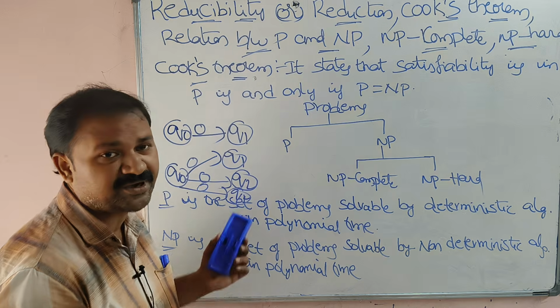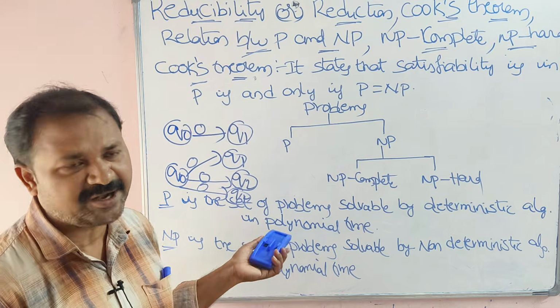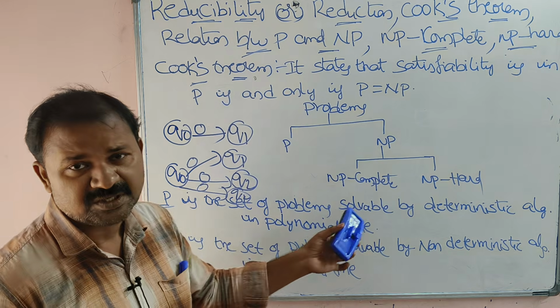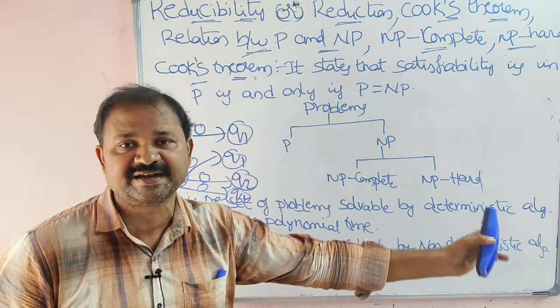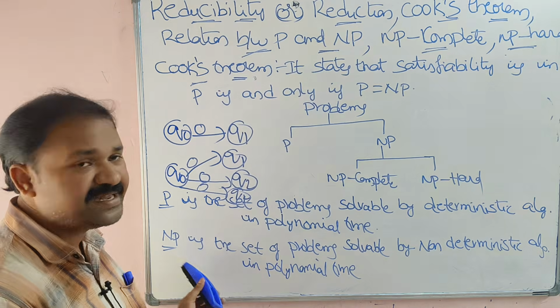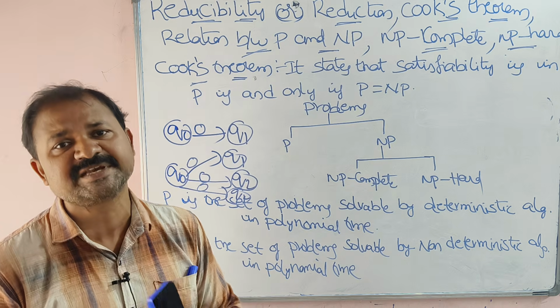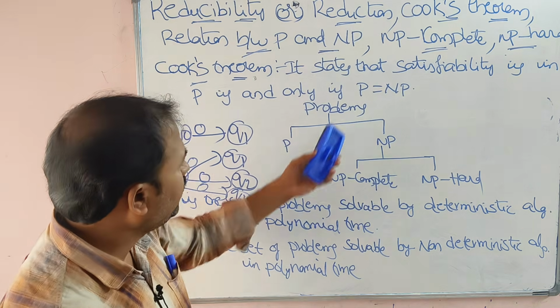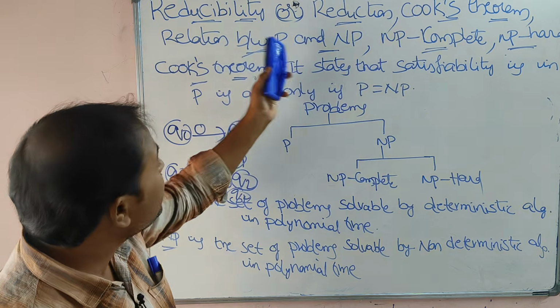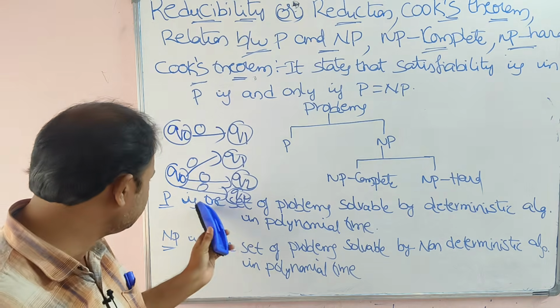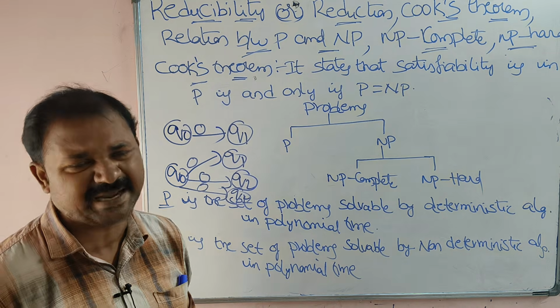So this is nothing but a non-deterministic algorithm. So P means solved by a deterministic algorithm in polynomial time, whereas NP means solved by a non-deterministic algorithm in polynomial time. Now let's see about the relation between P and NP.